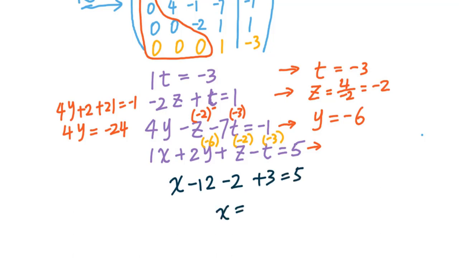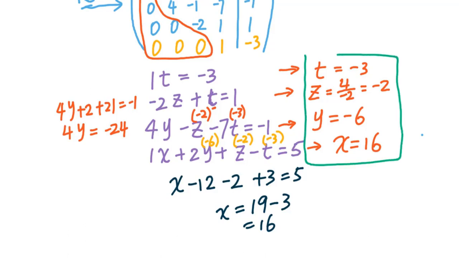Then x equals 19 minus 3 equals 16. So x equals 16. In this way, we have successfully solved the 4x4 system of equations.